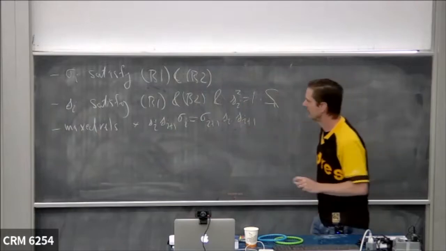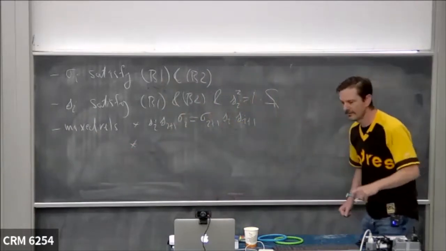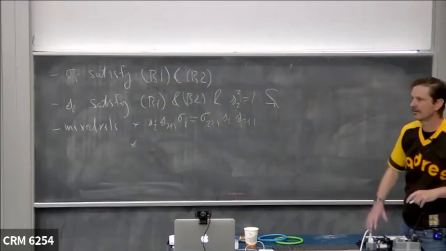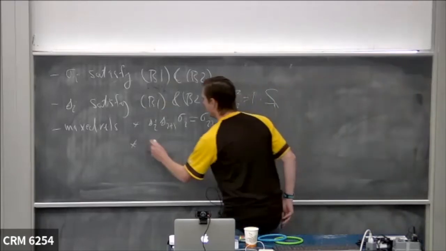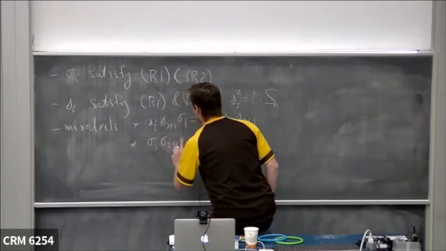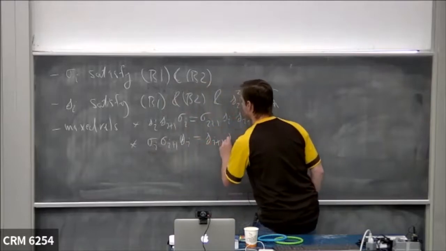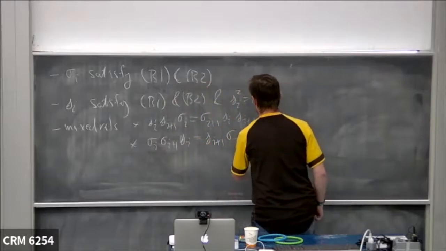Okay. And I'm telling you, you can really actually check these if you believe me that the fundamental group is acted on faithfully. The other one is sigma I plus 1, S i is equal to S i plus 1, sigma I plus 1.